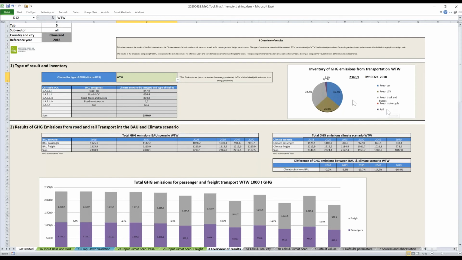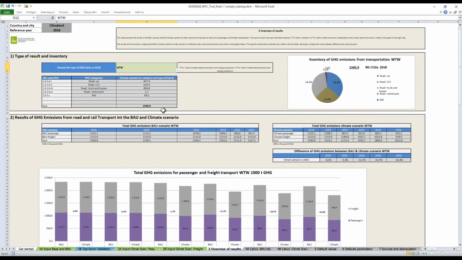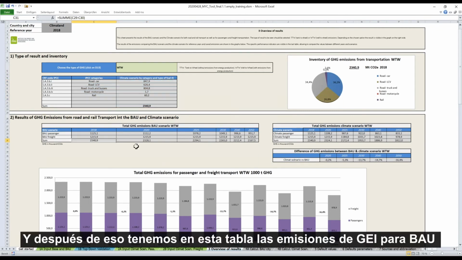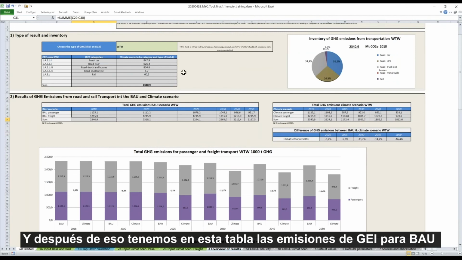If you're in tank to wheel, you can see that it's disappearing, because of course with electricity you don't have emissions by using the electricity in the vehicles, but you have emissions because you produce electricity. So here it's appearing in the rail. Rail is currently for us the tramway. You have the result here in megatons CO2.